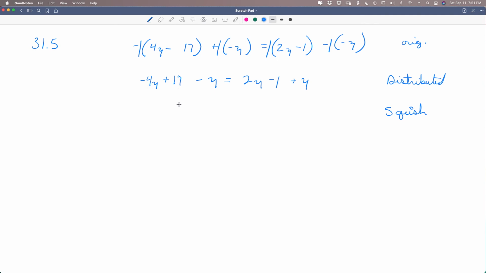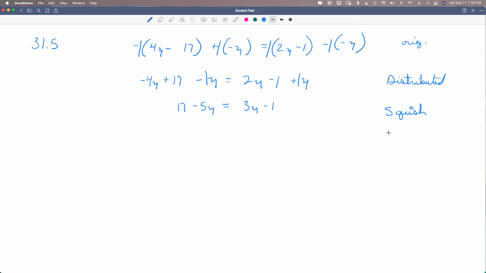So it's going to be 17 and a negative 5y, because when you have a negative variable all by itself, there's always a 1 right in there. There's always a factor of 1. All right, equals 3y minus 1, because again, we have a 1 right there. All right, so now let's see what we can do.